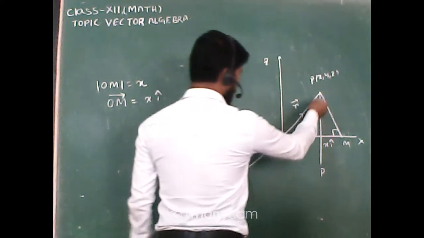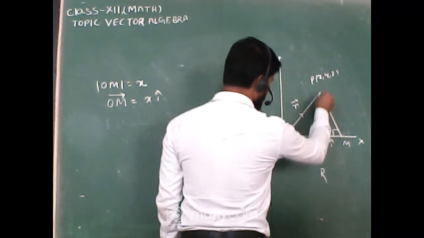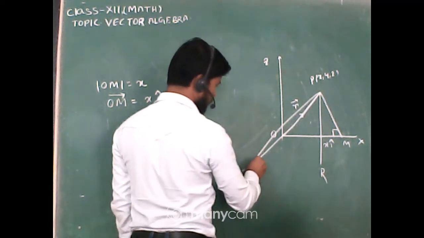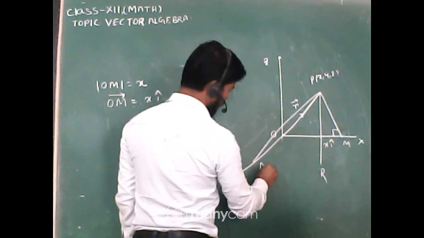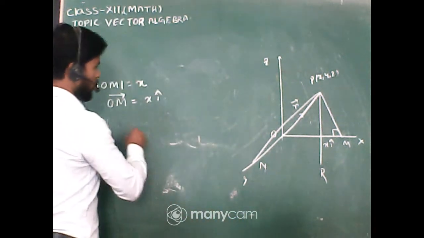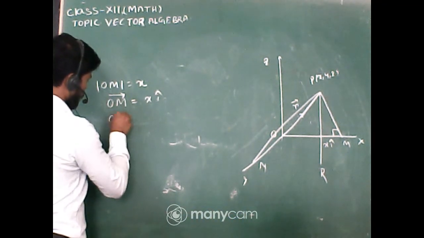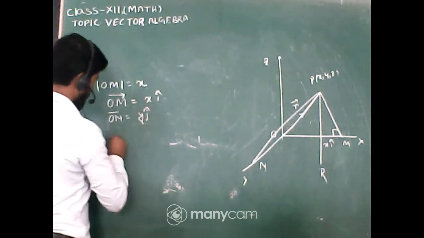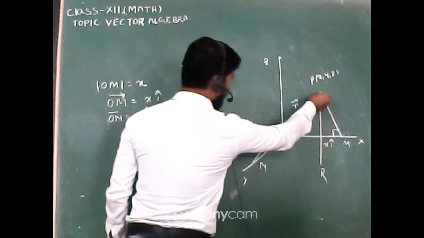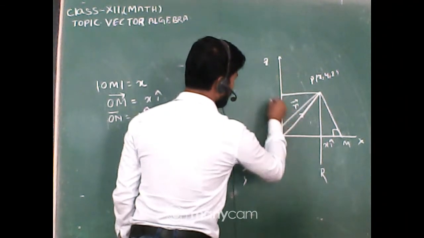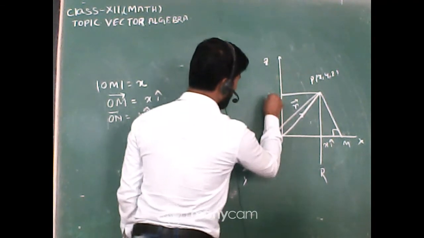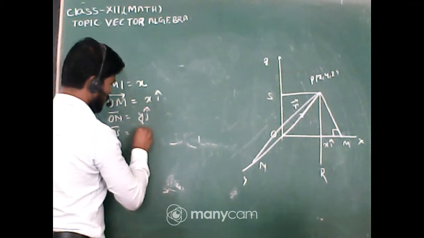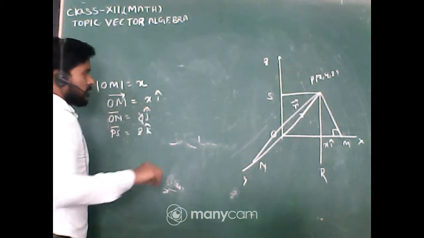Similarly, from the point P, if I draw a line perpendicular to the y axis, suppose N, then ON will be equal to y j hat. And similarly, if I draw a line from P perpendicular to the z axis, suppose S, then PS will be equal to z k hat.